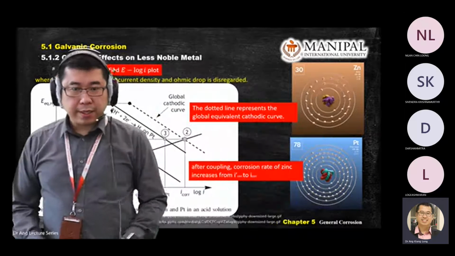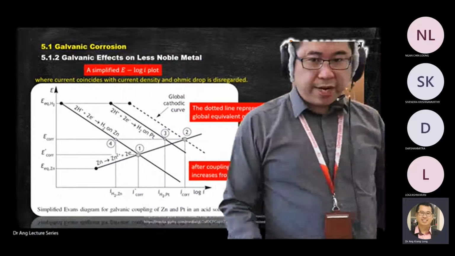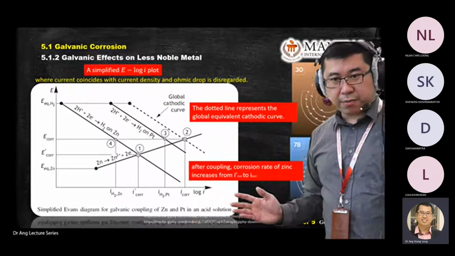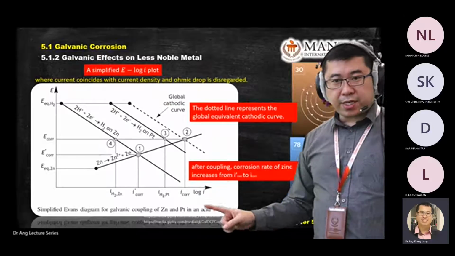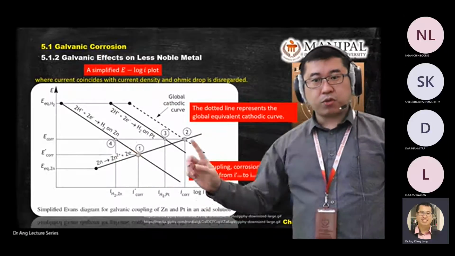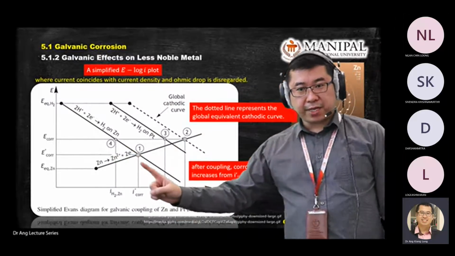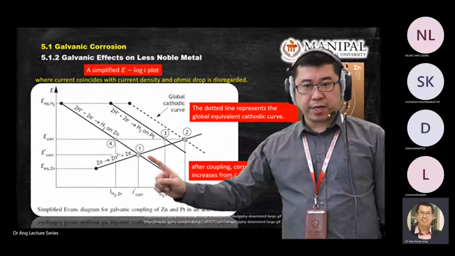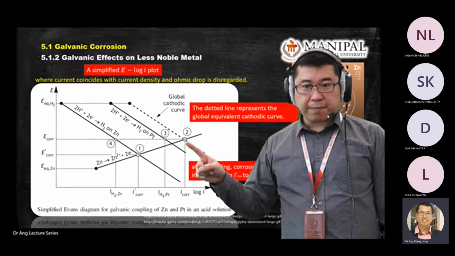Okay. Then the rest is self-explanatory. If you understand points 1, 2, 3, 4, this is point 1, and this is point 2 after coupling.